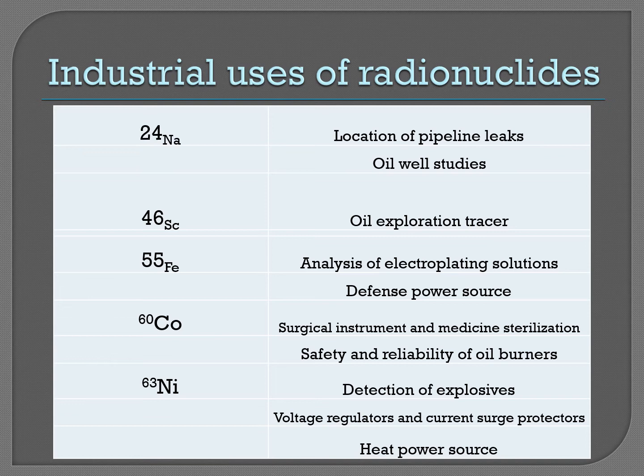Then we have nickel 63, and it is basically used for the detection of explosives. It can also be used as voltage regulators and current surge protectors. Then nickel can have vast applications in heat power sources.